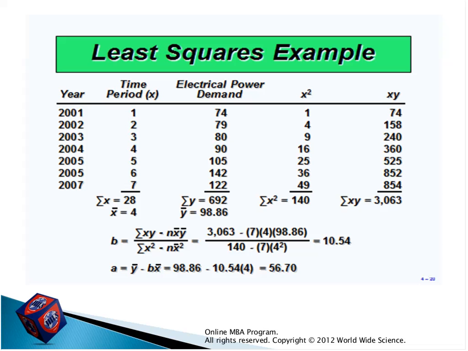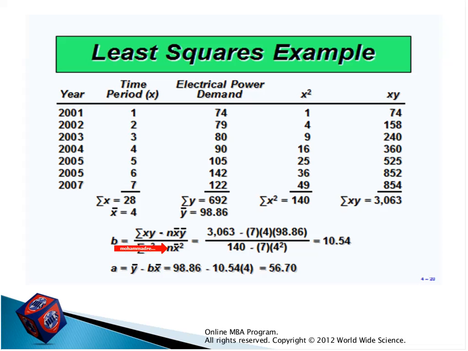We calculate now, okay? Divided by sigma x2. Sigma x2 was calculated as 140. Minus n, n is 7, multiplied by x bar in power of 2.